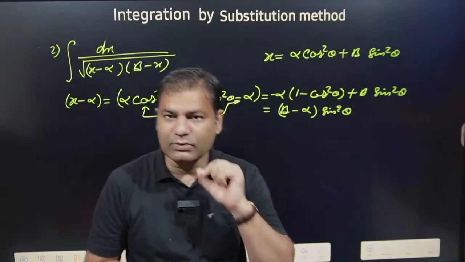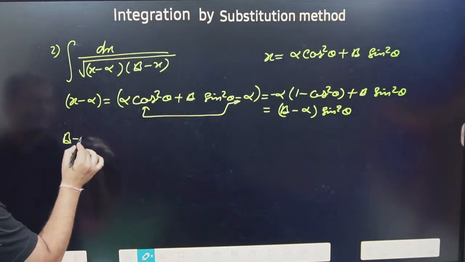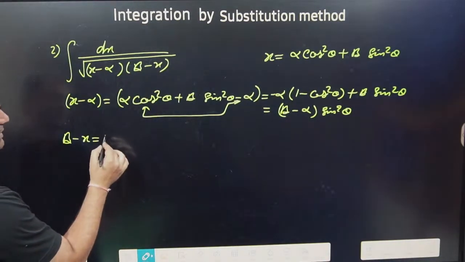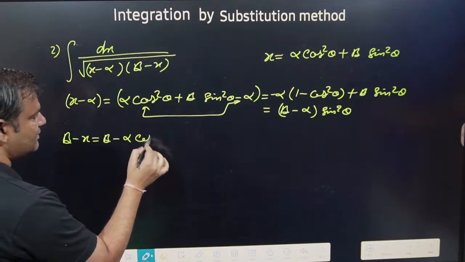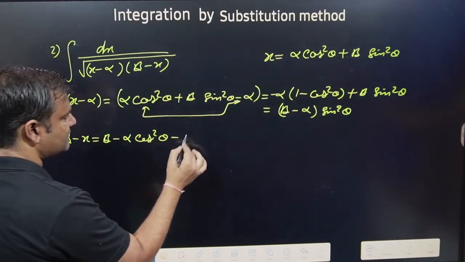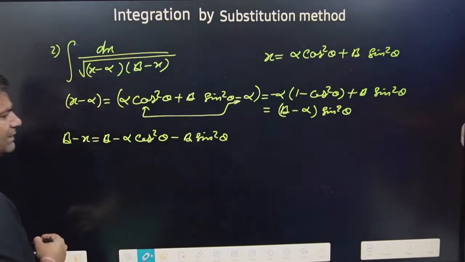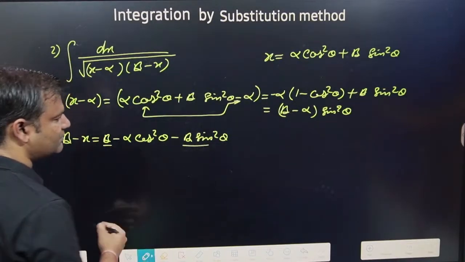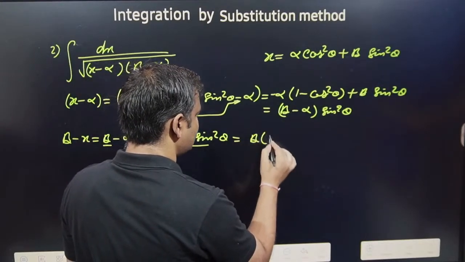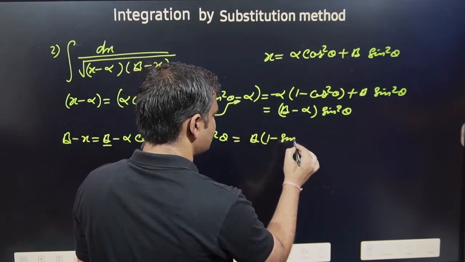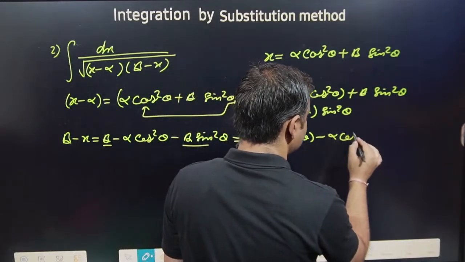Okay, now beta minus x is beta minus alpha cos square theta minus beta sin square theta. Okay, now in these two you can say that beta is common, then 1 minus sin square theta is cos square theta, minus alpha into cos square theta.